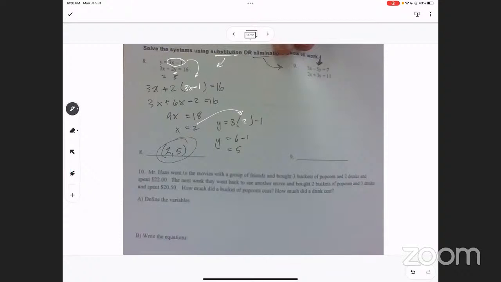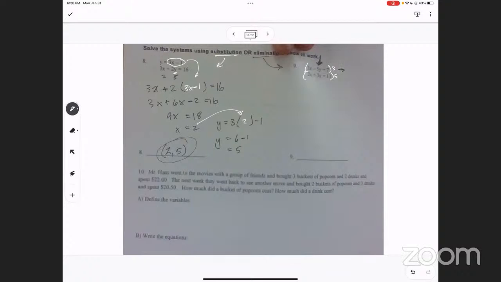So I'm going to multiply the top equation by 3, and the bottom equation by 5. And when I do that, look at what will happen. I'm going to have a 15y, and a negative 15y. And then I'm going to add the two equations together, and those will cancel out or be eliminated. That's what I'm going to do. So here we go.